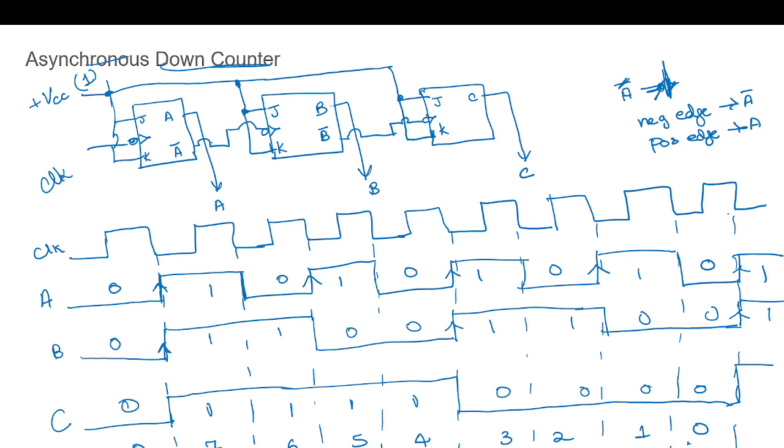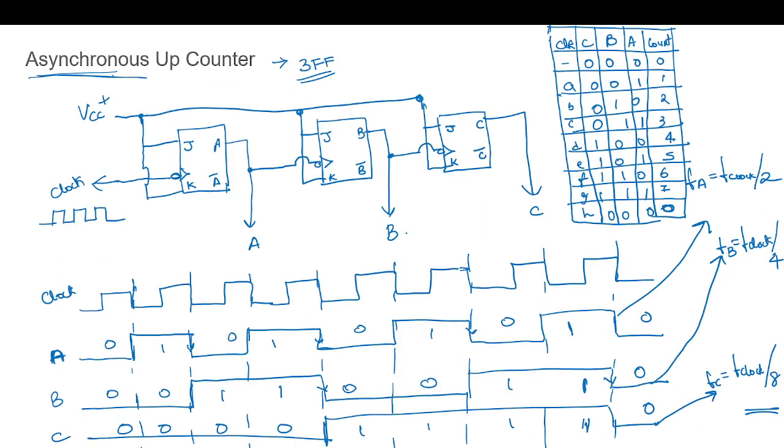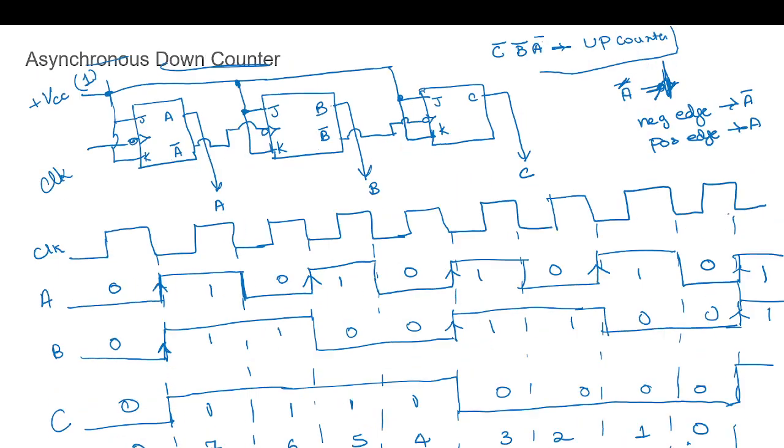If we take C bar, B bar, A bar, then it will be up counter. And similarly in the previous circuit, the inverted outputs will be giving the down counter. Okay. So with this, next we will go for up down counter.